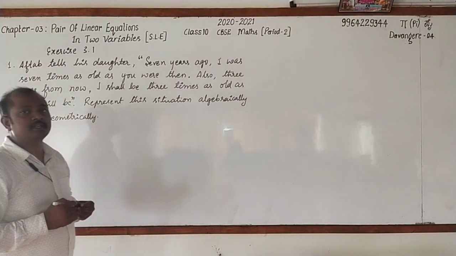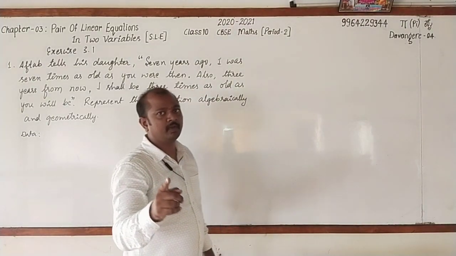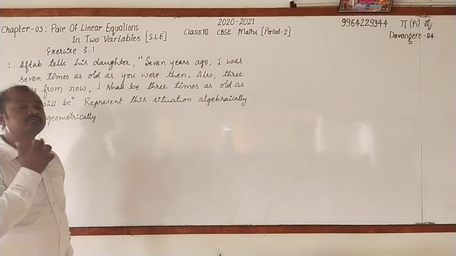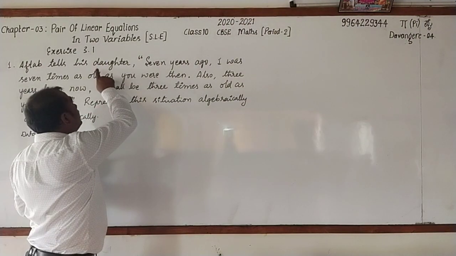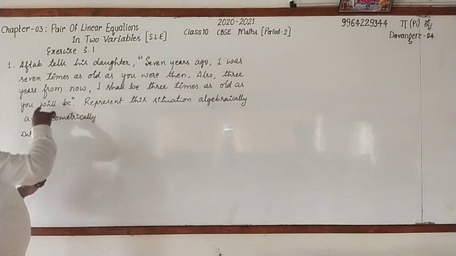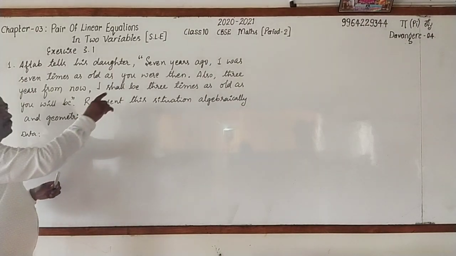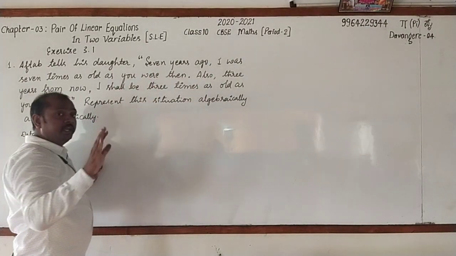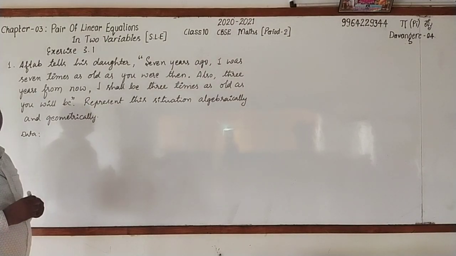Here, how many persons are given? 2. One is Aftab and the second one is his daughter. Whose age has been given? Aftab tells his daughter that 7 years ago, I was 7 times as old as you were then. That means Aftab's age is given, but daughter's age is unknown.